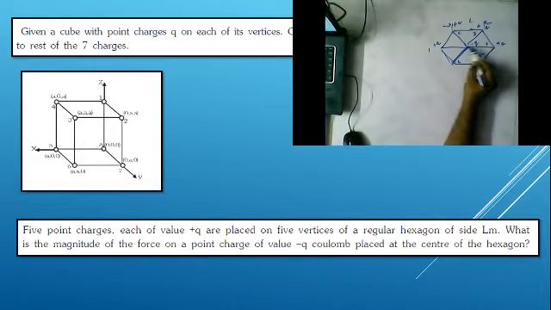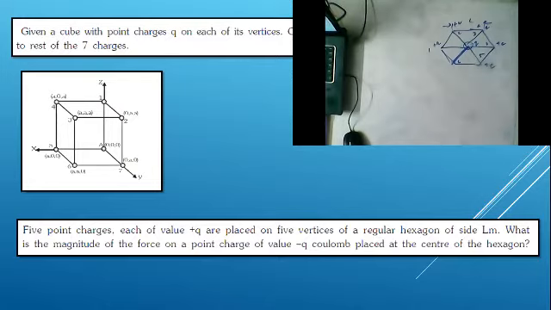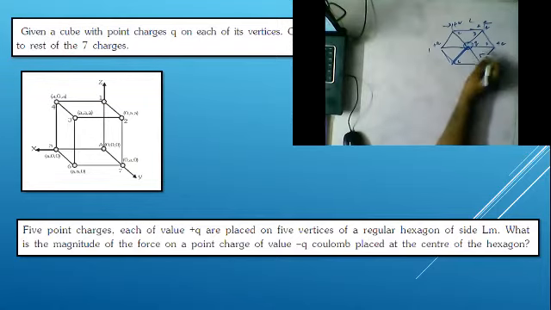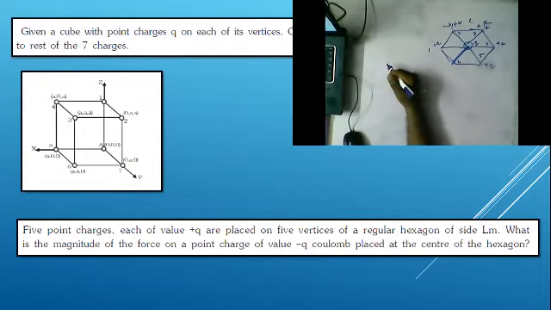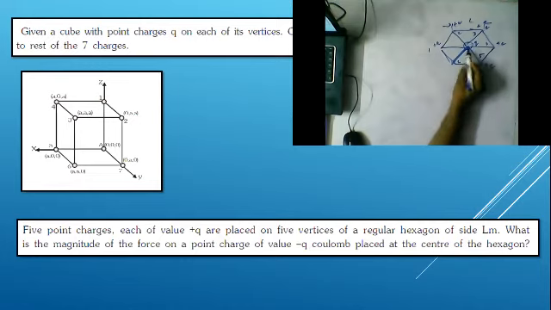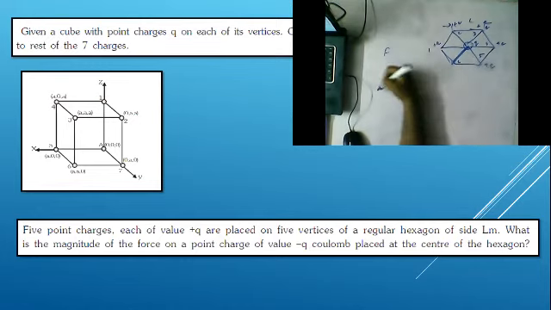There is a force with respect to each plus q. Here it experiences one force due to plus q, one force here, one force. So here it will represent the force of the whole system. Let the force at this point be capital F.